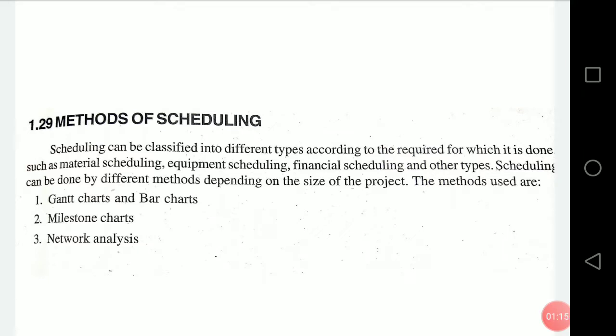In the earlier classes we have discussed what do you mean by planning and scheduling. Based on the definition of planning, we know the planning includes identification of activities, sequencing the activities, calculation of particular activities duration as well as its required resources.